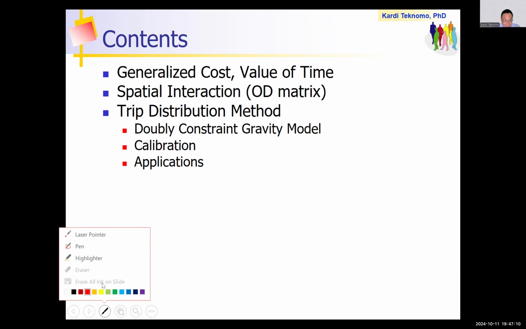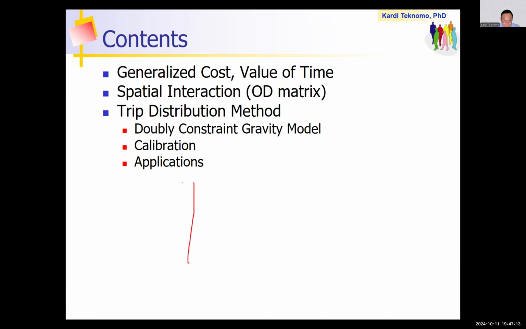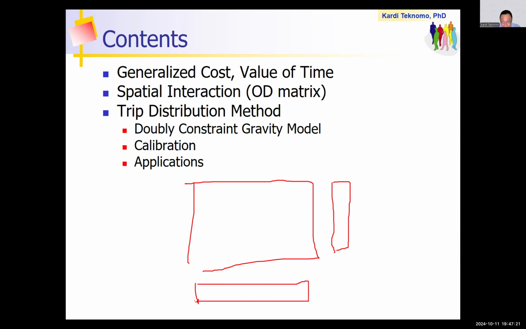Remember, you have the table, right? And this is the OI, the sum. It is from trip gen. This is the DJ. Now the OD matrix is basically the cells here. So based on what?